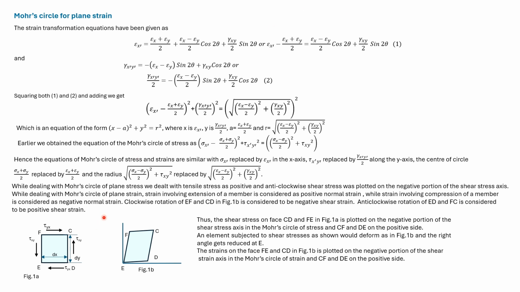Earlier we discussed the convention for shear stress for Mohr's circle. So in this element, the shear stress in DC and FE are considered to be negative, and the shear stress in FC and ED are considered to be positive. So our shear stress convention matches with our shear strain convention.